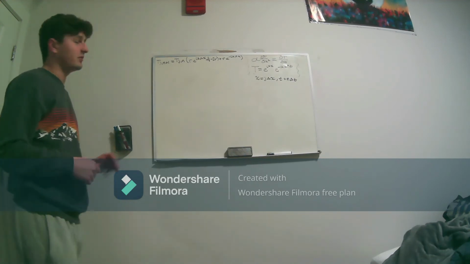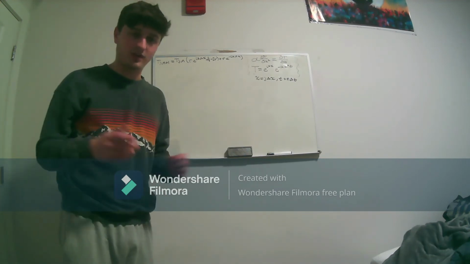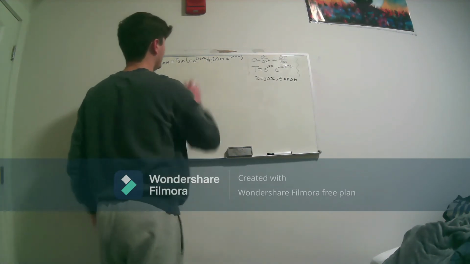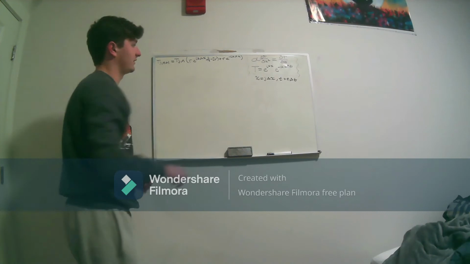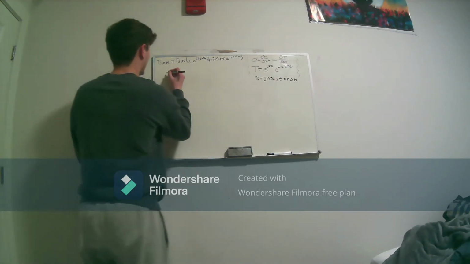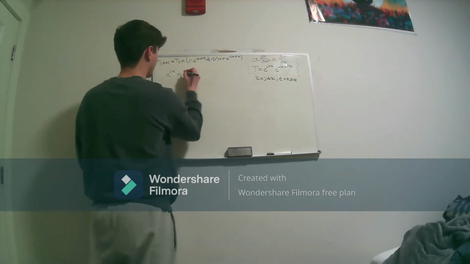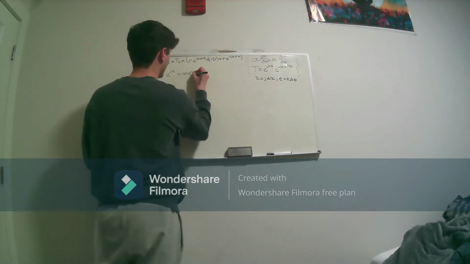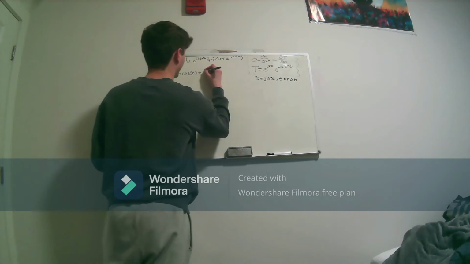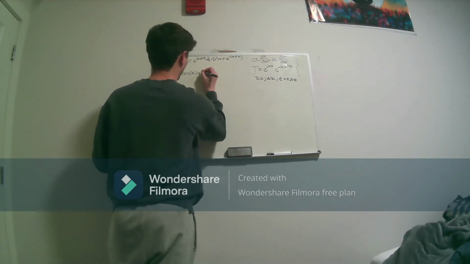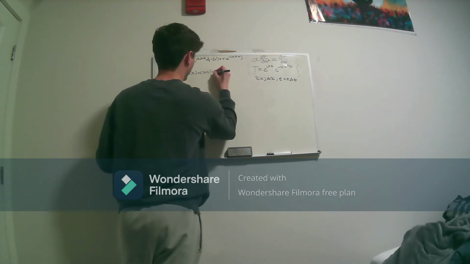Now, we have a couple terms that we can get rid of through an understanding of Euler's formula. We have the terms e to the ik delta x and e to the negative ik delta x. One cool thing is that e to the ix is equal to cosine x plus i sine x.